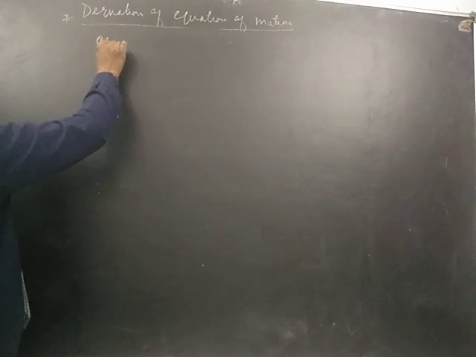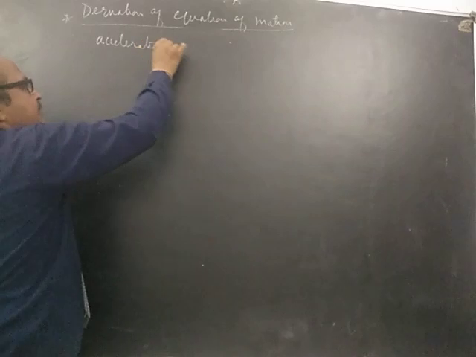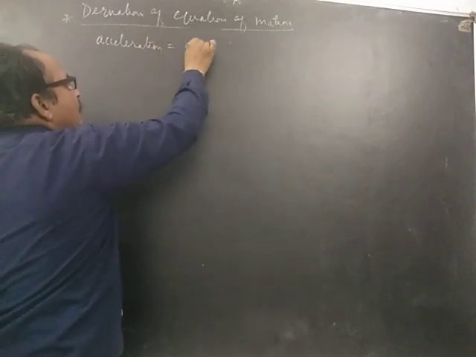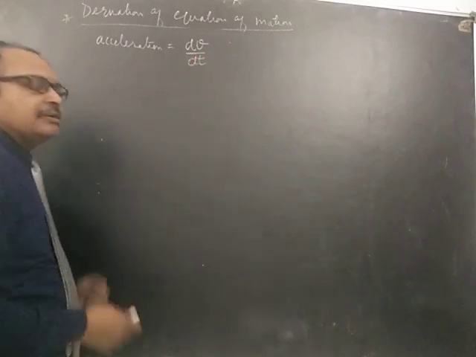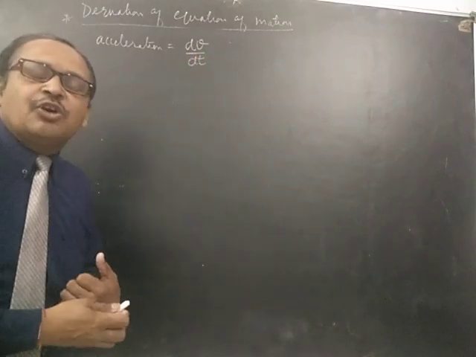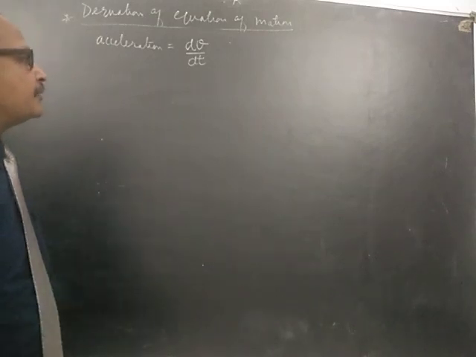We all know that acceleration is equal to dv by dt. It is the rate of change of velocity.